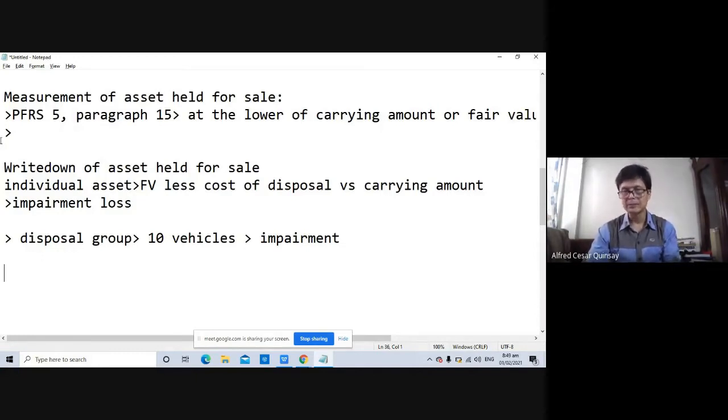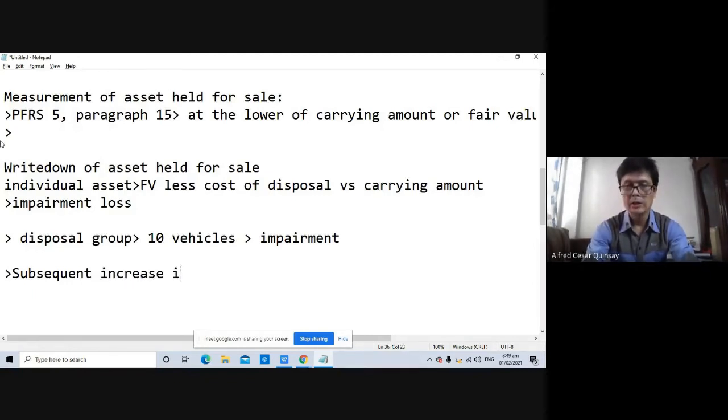Okay, pag-usapan natin ngayon yung subsequent increase in fair value. Paano kung tumaas yung fair value niya?